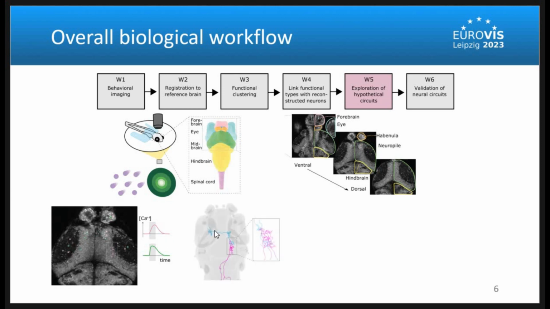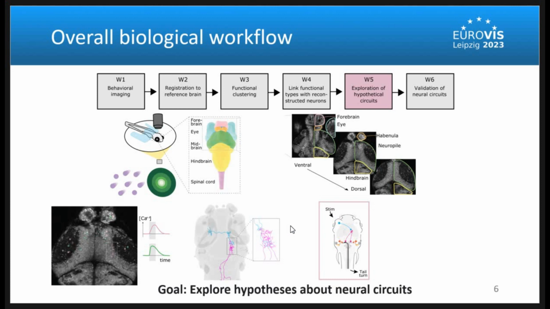Next, from the large set of reconstructed neurons, those spatially close to the active cells are determined. Based on the available information and the pre-existing hypothesis about the neural circuit, data-compatible circuits are constructed and explored using our tool. The constructed neural circuits can further be tested using ablation experiments.